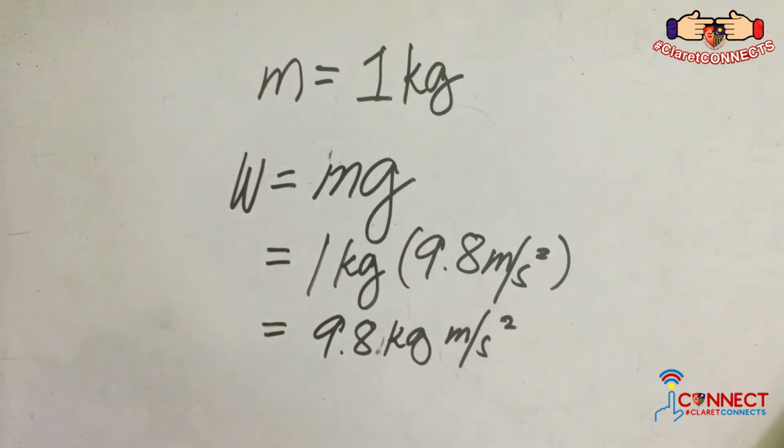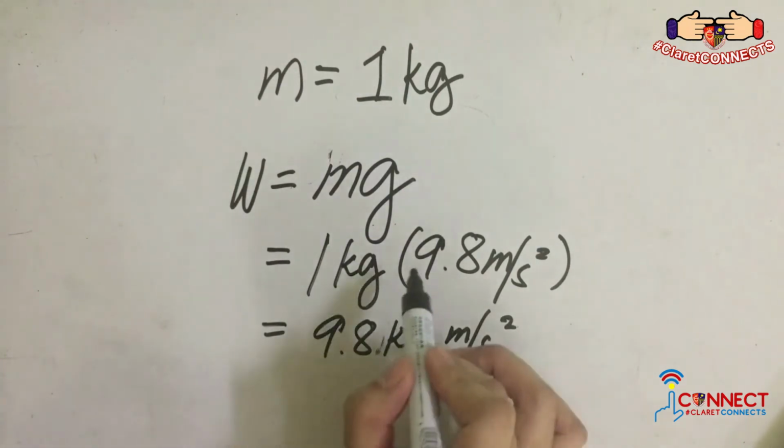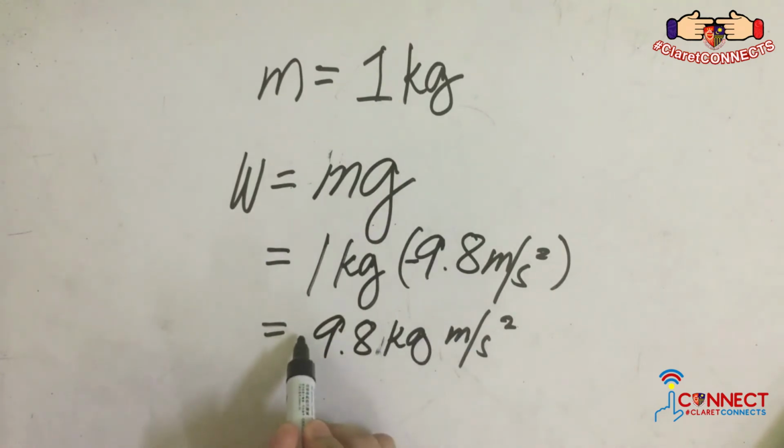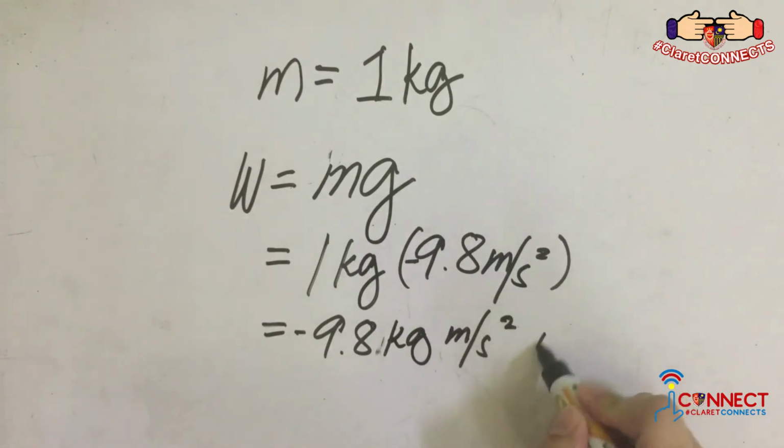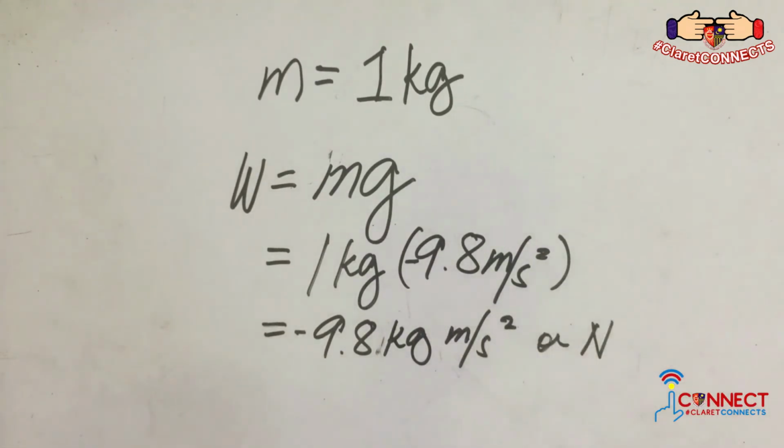But notice that this is weight. Since weight is a vector quantity and the acceleration due to gravity is pointed downwards, our weight is equal to negative 9.8 kilogram meters per second squared, or newtons. Take note that we considered the weight as a vector because of its direction.